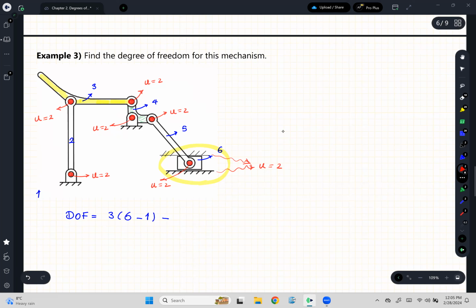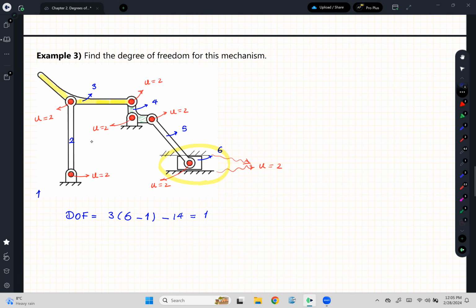So let's count them. I have 2, 4. Okay, I should not make a mistake. 2, 4, 6, 8, 10, 12, 14. So this mechanism has 1 degree of freedom. Whatever this mechanism is, which later we will learn more about, it has 1 degree of freedom.